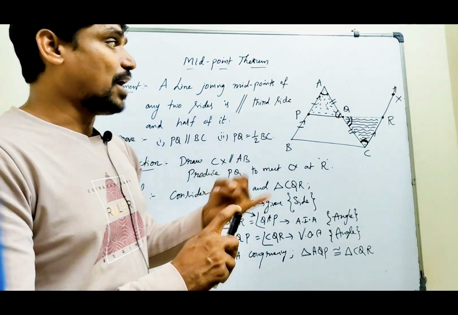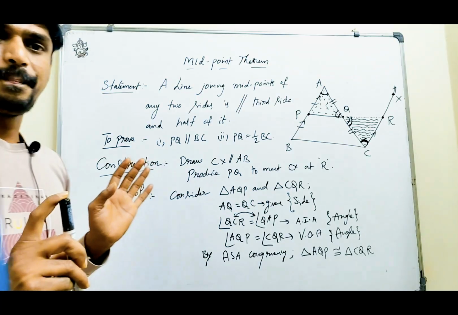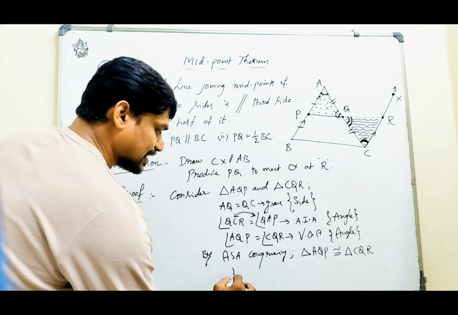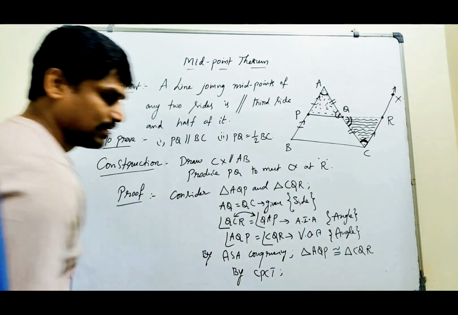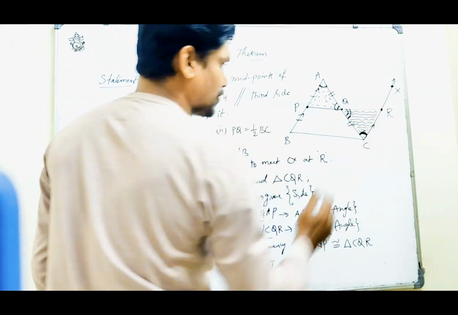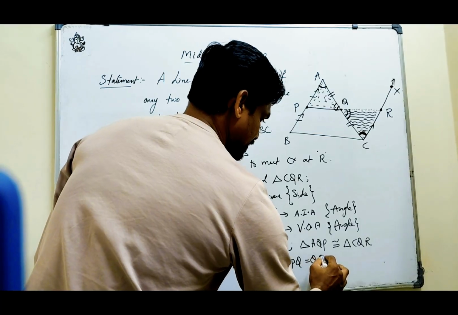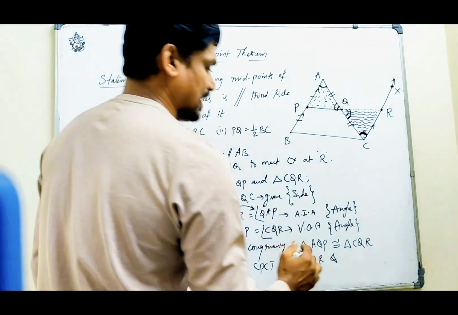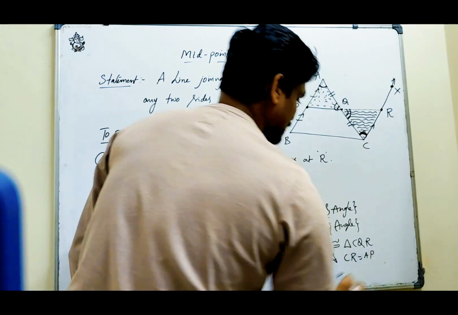When one pair of opposite sides are parallel and equal, then it is a parallelogram. Okay. So for that, here by CPCT, what can we say? PQ is equals to QR, correct? And CR is equals to AP, correct?